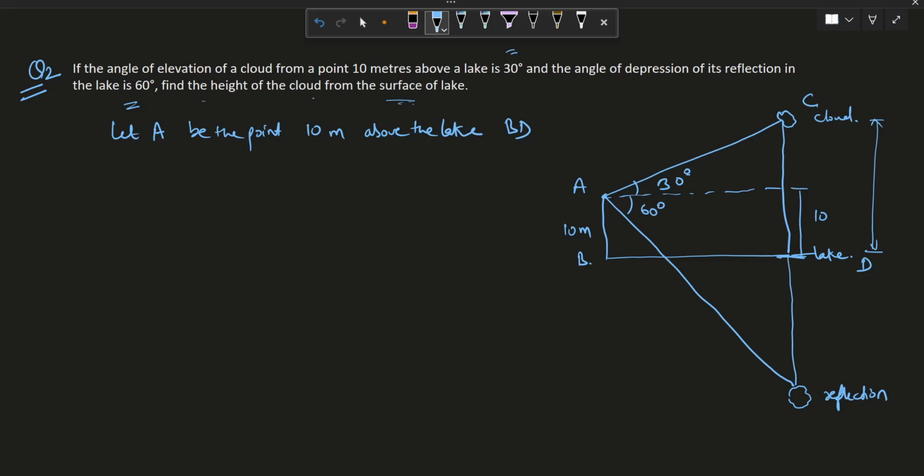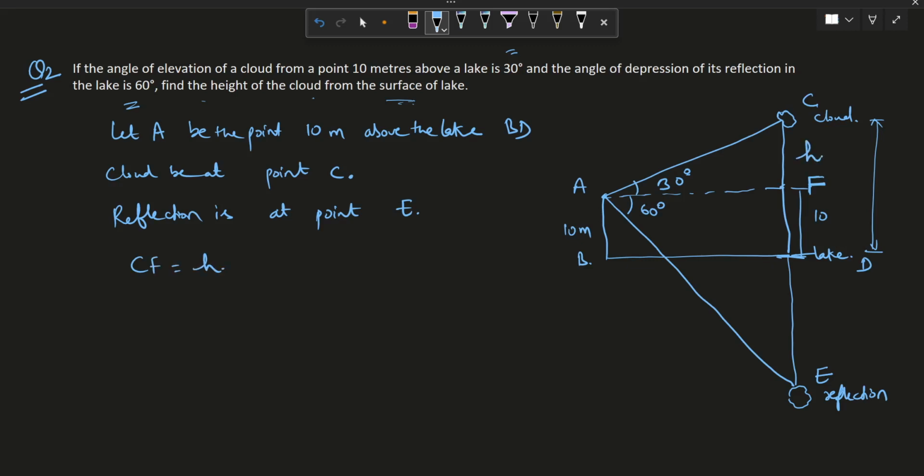The cloud is at point C, and the reflection is at point E. I'm just naming the points. Here I name this point in the middle F. Clear? And let CF equal H. So the height of the cloud is not H. The height of the cloud is CD, which equals CF plus FD, H plus 10.